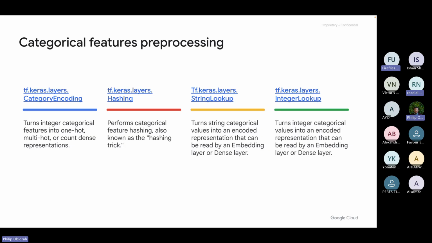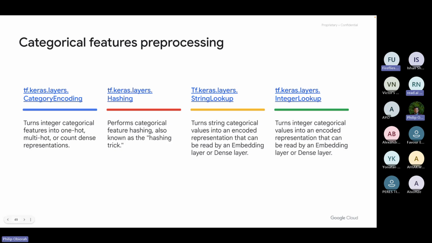So hashing comes into play here. Hashing performs categorical feature hashing. This is often called the hashing trick. So instead of learning a specific index for every item, it deterministically hashes the inputs into a fixed number of bins. So that's what happens here.